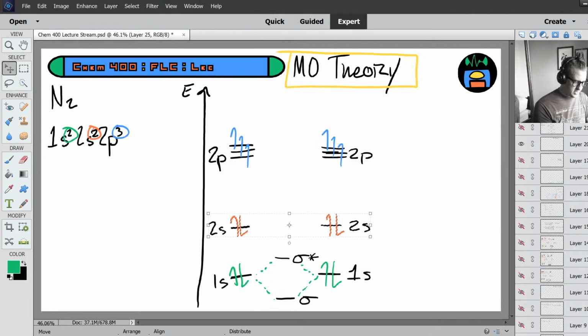Just needed to adjust that. So our 2s orbitals also making a sigma and a sigma star.